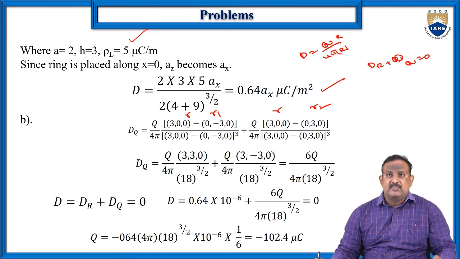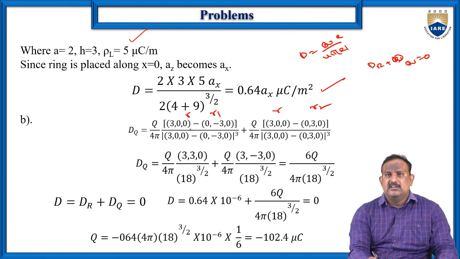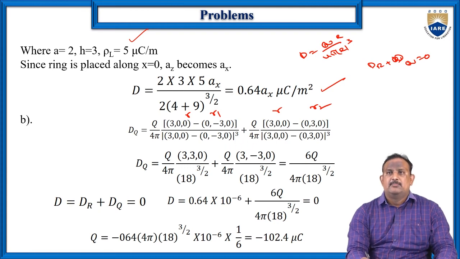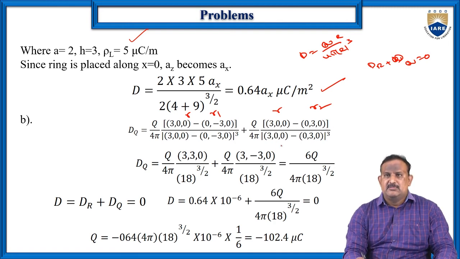Therefore, if you substitute the expression (3, 0, 0) minus (0, minus 3, 0) by modulus of (3, 0, 0) minus (0, minus 3, 0) whole cube, plus similarly Q by 4 pi into (3, 0, 0) minus (0, 3, 0) by modulus of (3, 0, 0) minus (0, 3, 0) whole cube.